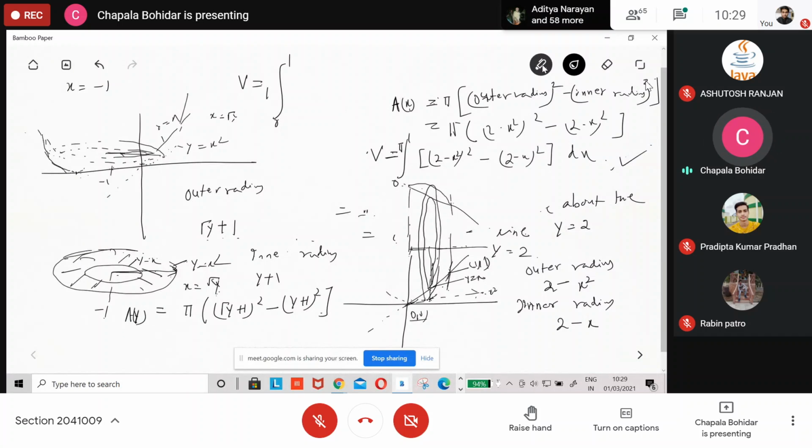Then pi I am taking outside: integral of root y plus 1 squared minus y plus 1 squared dy. After that you can do it. Be clear about how we find the outer radius and inner radius when rotating, then you solve your problem.